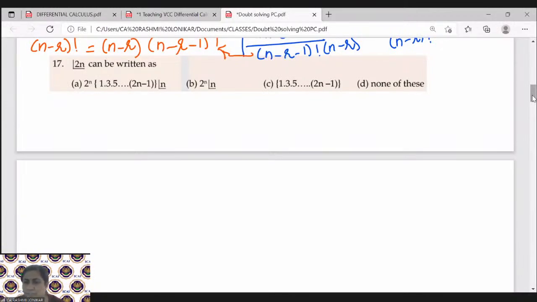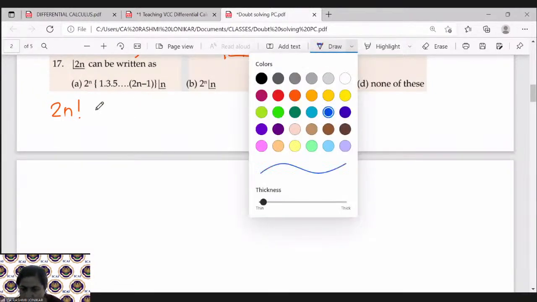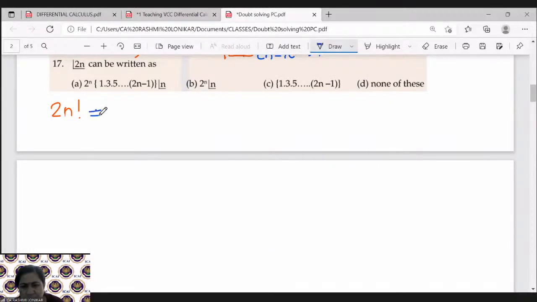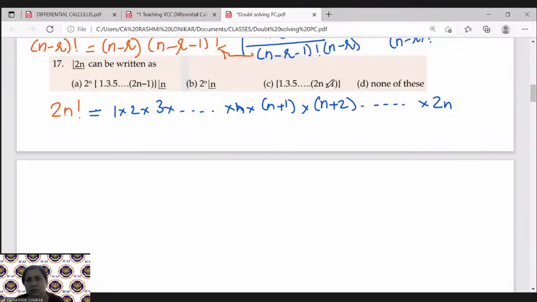Now this question, 17th question. 2n factorial can be written as, okay? So 2n factorial. You know that for anything it is written as 1 into 2 into 3 into so much into n, into n plus 1 into n plus 2 into 2n, right? 2n factorial is nothing but 1 into 2 into 3 into, no?